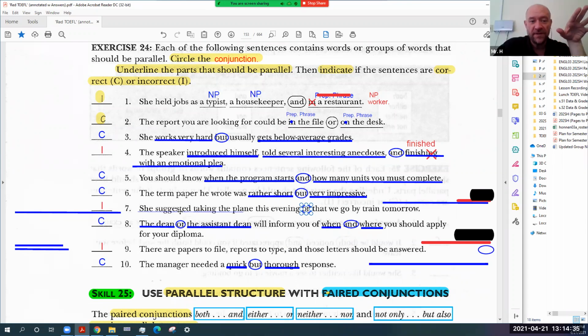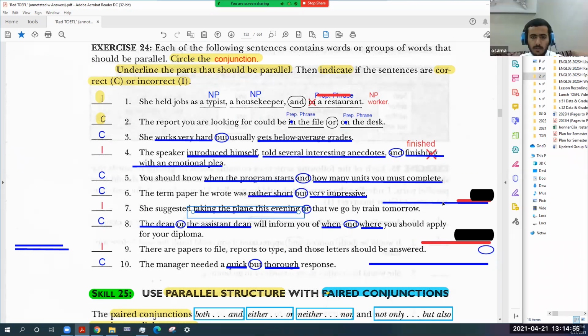She suggested all of this. Does anybody want to help him? Taking the plane this evening, or we go by train tomorrow.